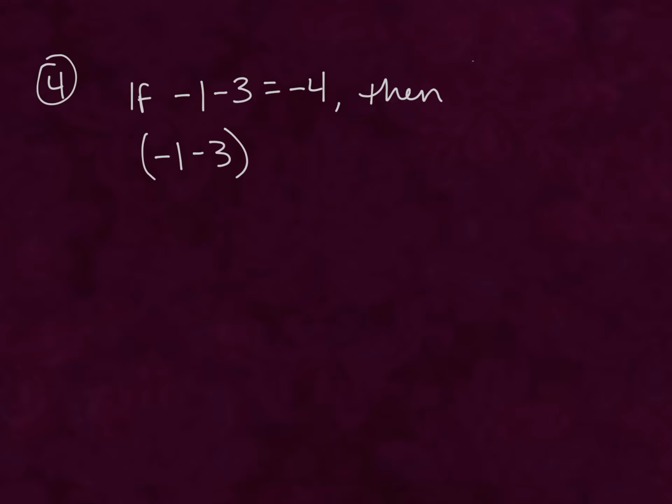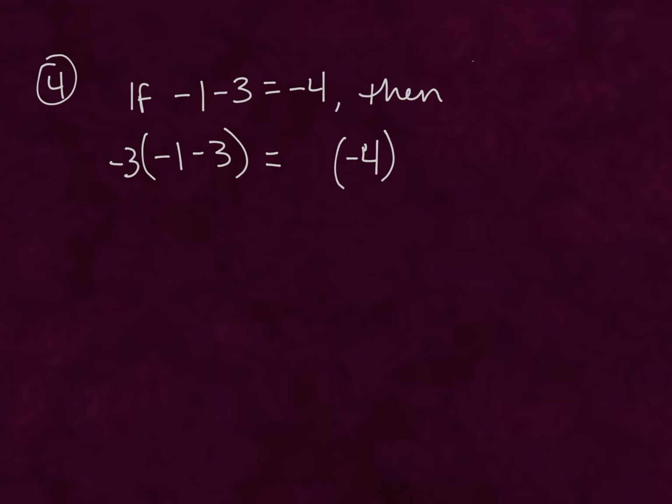Number 4 says, write an if-then statement if -3 is multiplied by the following expression. So if -1 minus 3 is equal to -4, then if I multiply -1 minus 3 by a -3, it will be equal to the other side, which was a -4, also multiplied by -3.